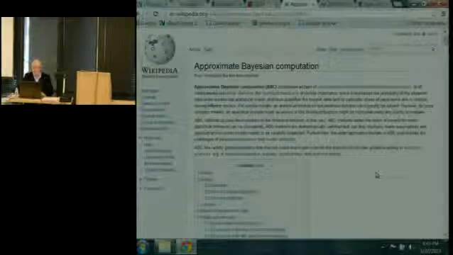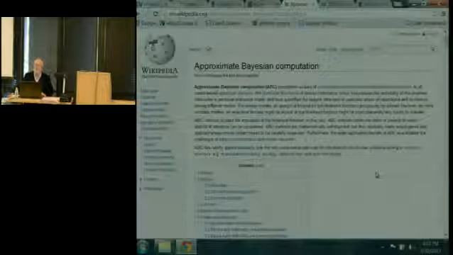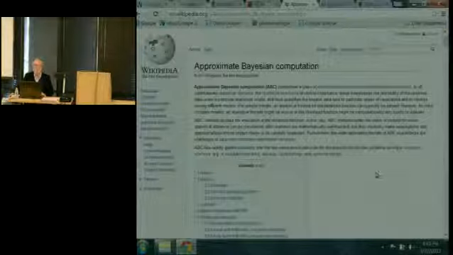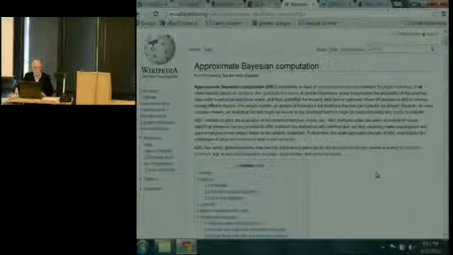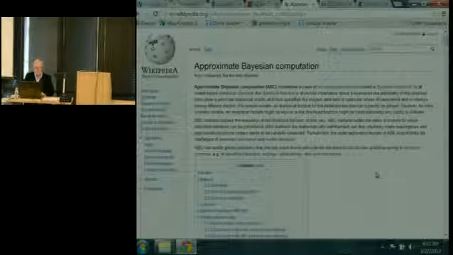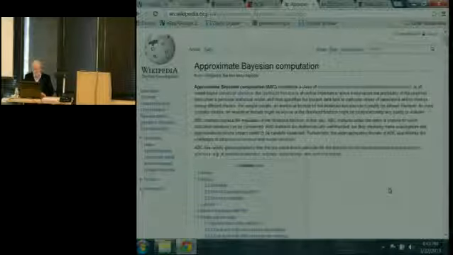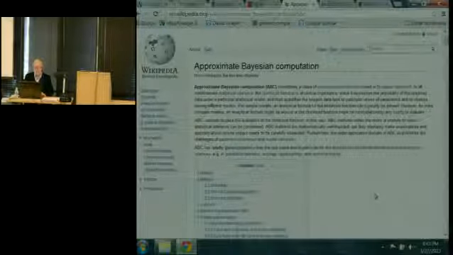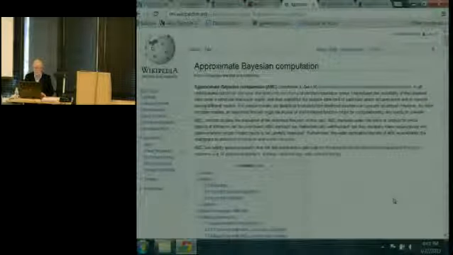Instead, they are based upon assumptions that are made about which low-dimensional summaries of the high-dimensional data set form an approximate set of sufficient statistics, and then they go from there. And the person who wrote this page, I don't know who it was, says, in this way, ABC methods widen the realm of models for which statistical inference can be considered. They are mathematically well-founded, but they inevitably make assumptions and approximations whose impact needs to be carefully assessed. Furthermore, the wider application domain of ABC exacerbates the challenges of parameter estimation and model selection.